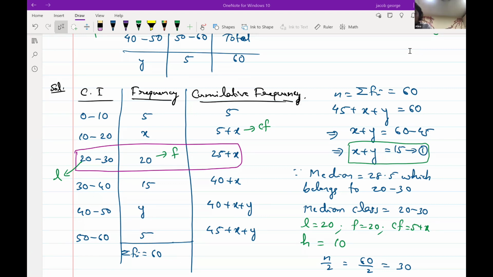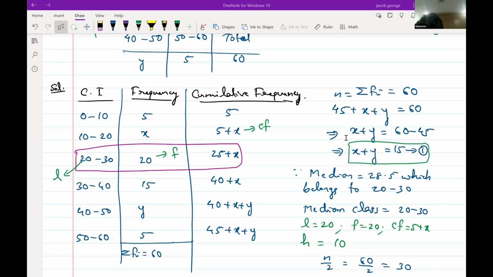Okay. Next, here also, median class we don't calculate by the direct method. Instead, look at the median. Median is given. When mode is given or median is given, we have to look at that and find out the class in which it belongs. Median is 28.5. 28.5 belongs to which class? 28.5 is in between which of them? 20 to 30.